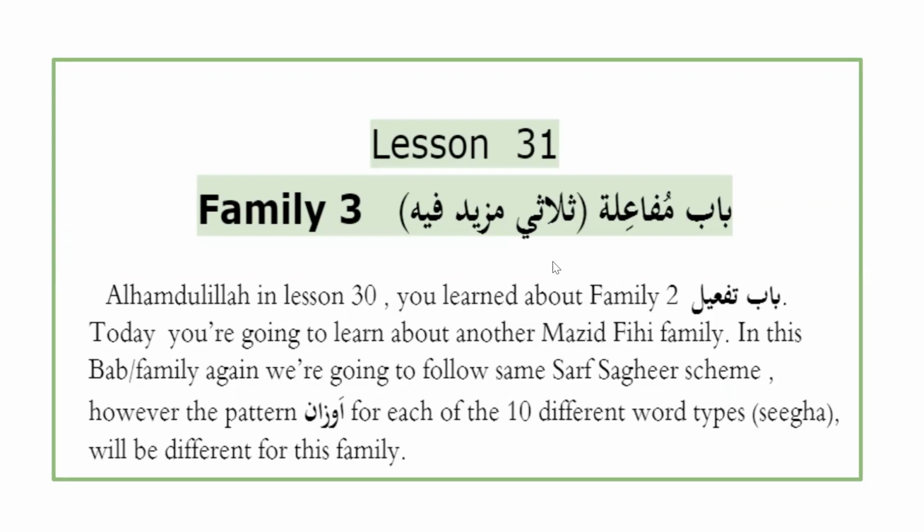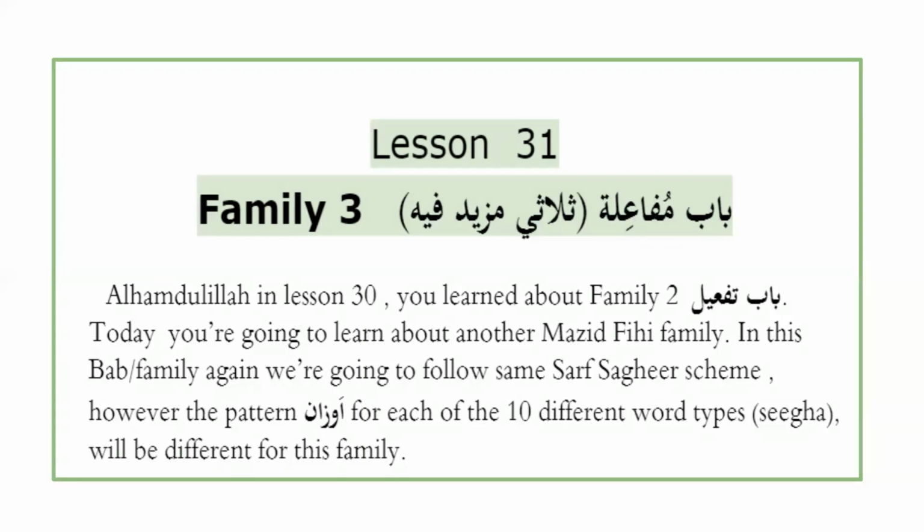And today's family is family 3. The masdar of family 3 has this pattern, mufa'ila. That's why family 3 is called Bab Mufa'ila. In this new family, again, we are going to follow the same sarf saghir scheme, like allama yu'allimu ta'liman fahuwa mu'allimun.